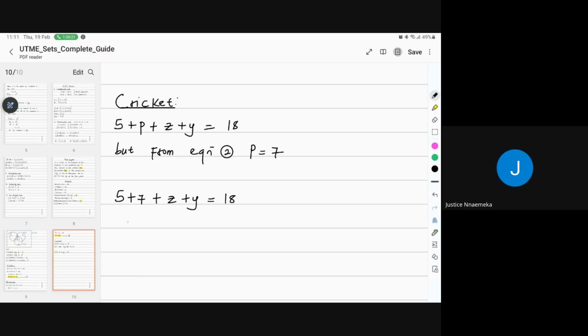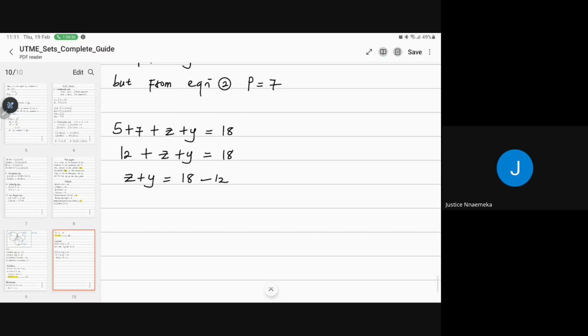Good, 12. So that will give us 12 plus Z plus Y is equal to 18. So that means Z plus Y is equal to 18 minus 12. Now, that means that Z plus Y is equal to 6.